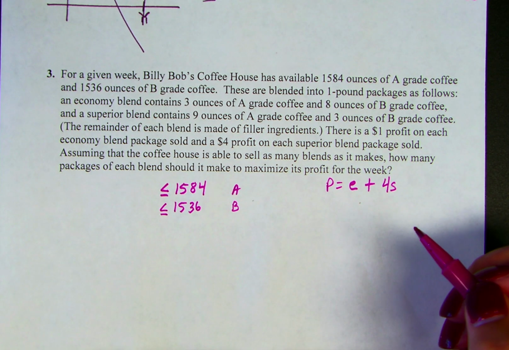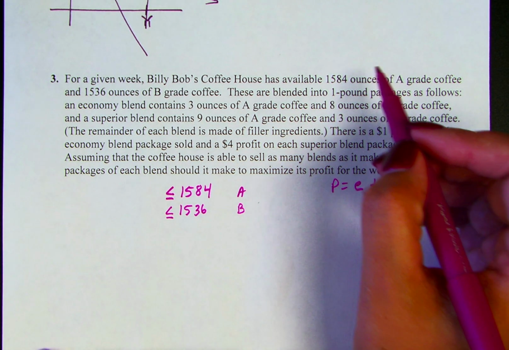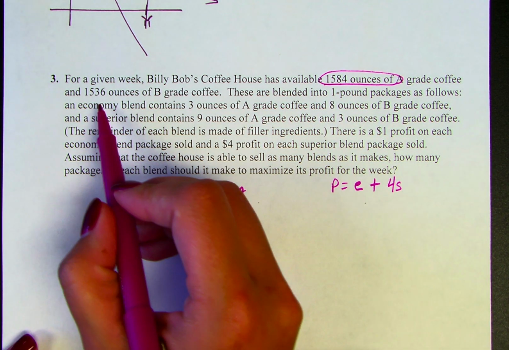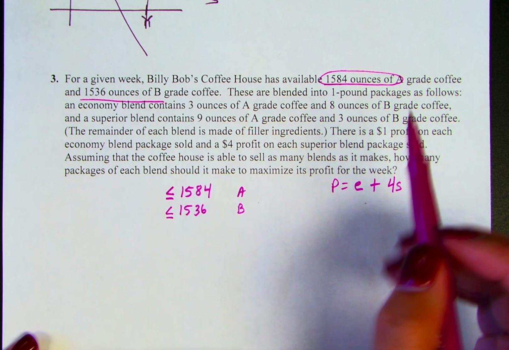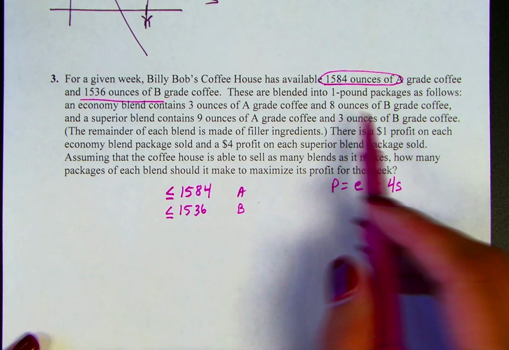So that tells me all the numbers dealing with grade A have to go together into the same inequality. All the numbers dealing with grade B have to go together. So sometimes it's helpful. I'm going to circle my grade A numbers, and I'm just going to underline the grade B ones. And then as we're reading too, I'm going to start putting them into the inequalities.